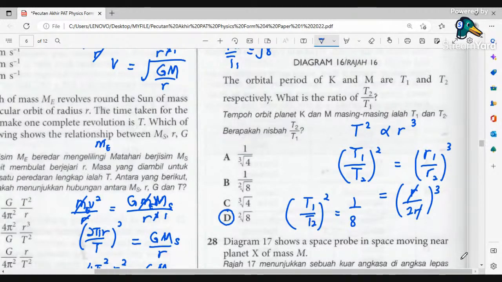So the answer is D, because they want T2 over T1.